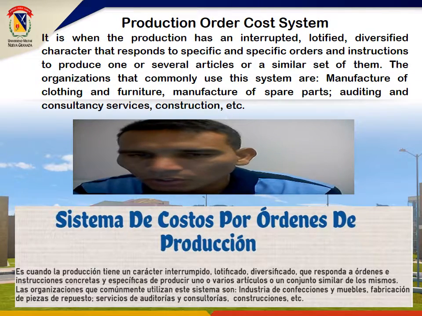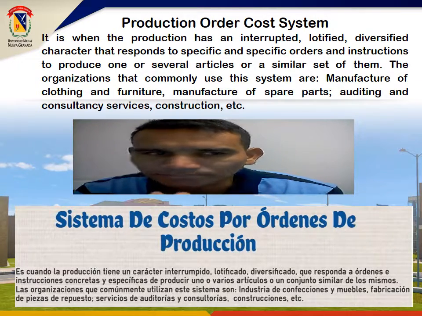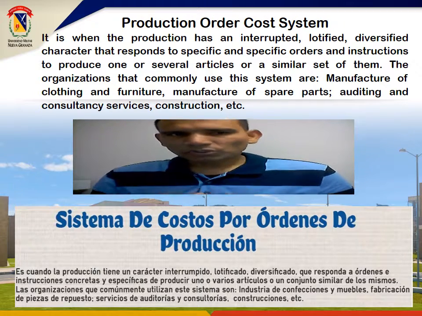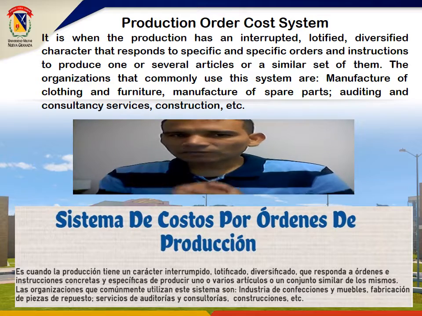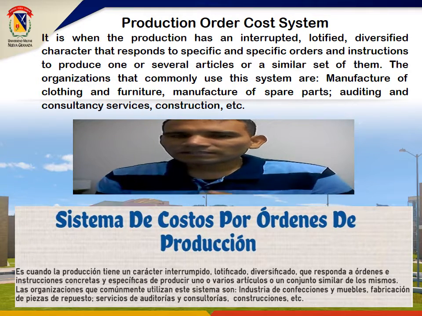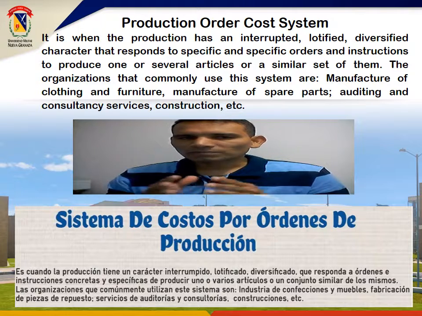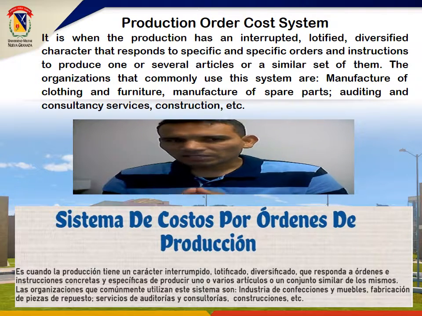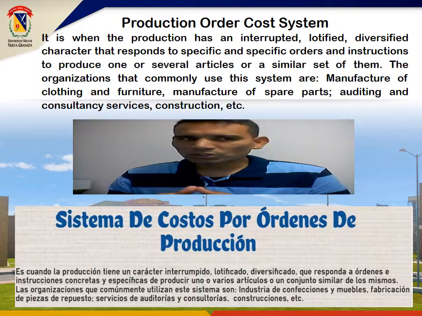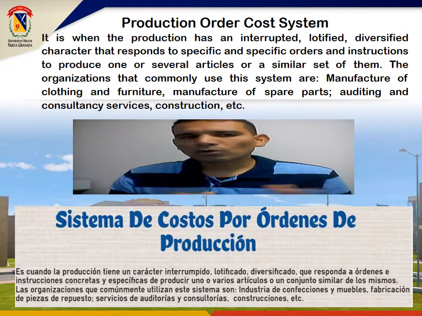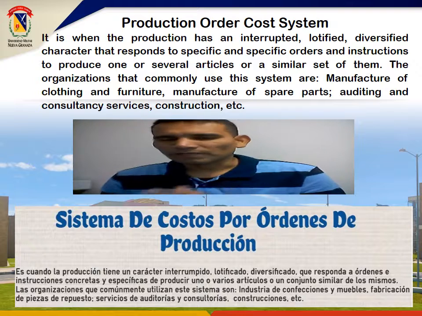Production order cost system. It is when the production has an interrupted, diversified character that responds to specific orders and instructions to produce one or several articles or a similar set of them.